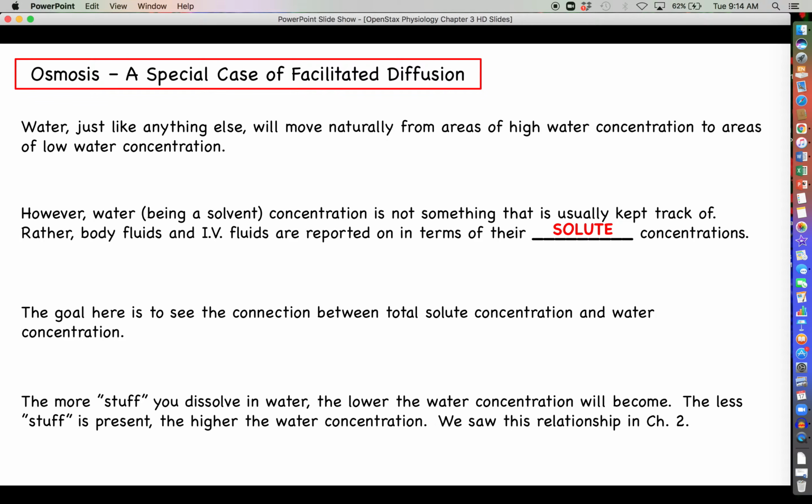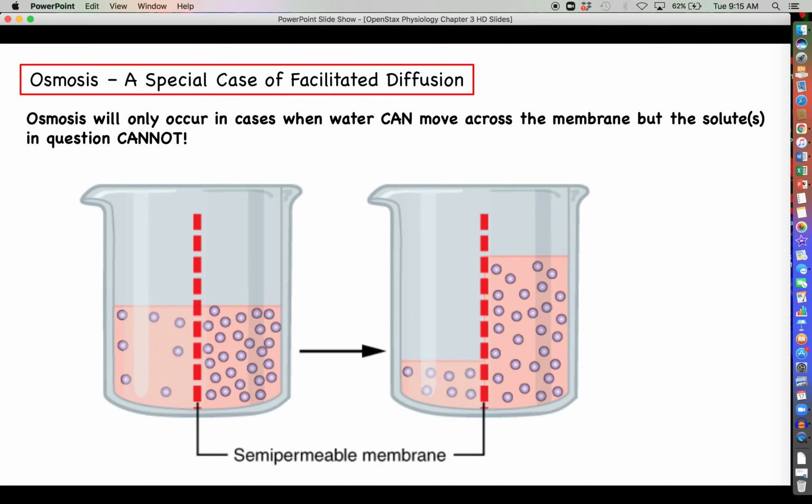The idea is that the more stuff dissolved in water, the lower the water concentration will become, and the less stuff that's present, the higher the water concentration is going to be. If this sounds familiar, you'll recall that we looked at this relationship a little bit back in Chapter 2. So the higher the solute concentration, the lower the water concentration, and vice versa.